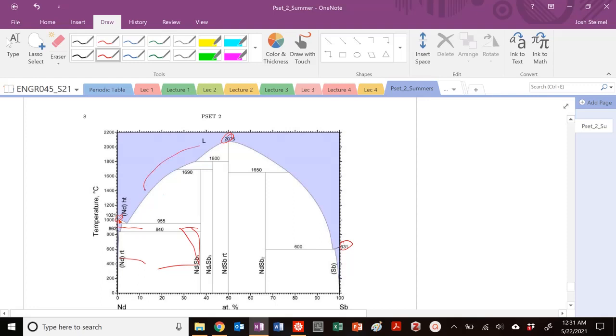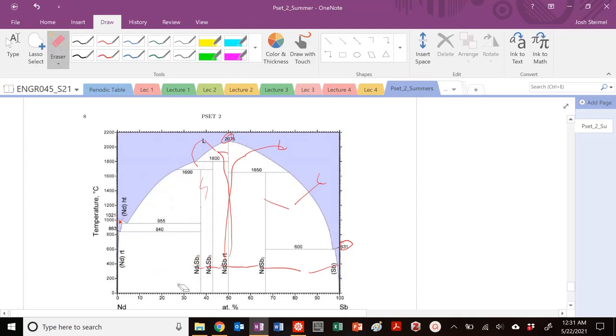We have liquid plus this solid here, and this solid plus liquid in these regions. This liquid plus this solid, this solid plus this solid, in these regions. So again, hopefully you get the picture. Liquid plus this region right here, et cetera.